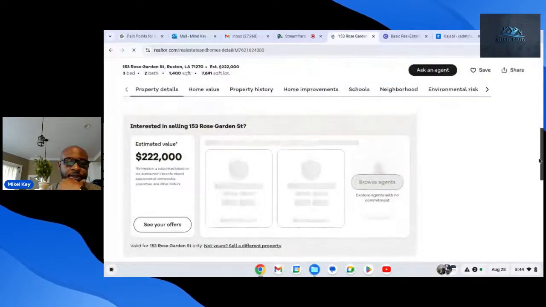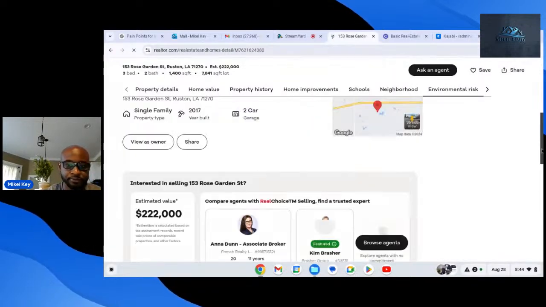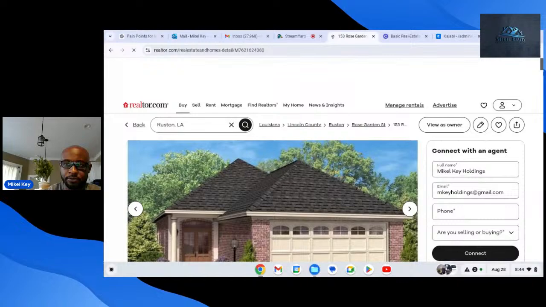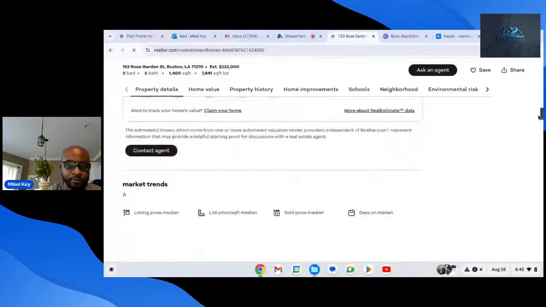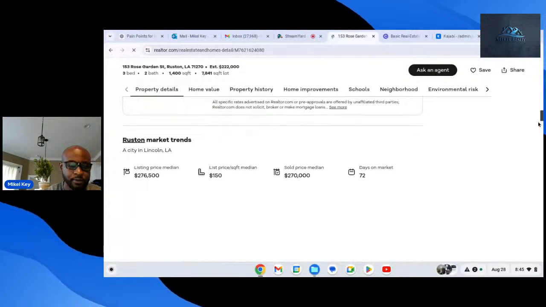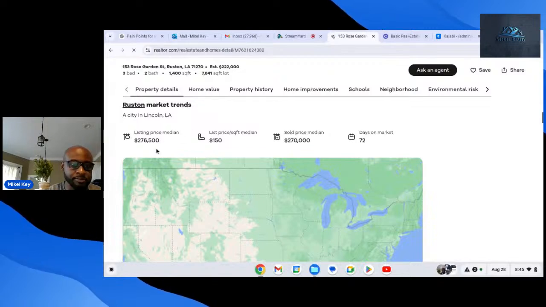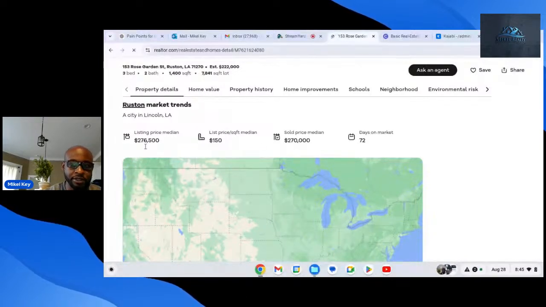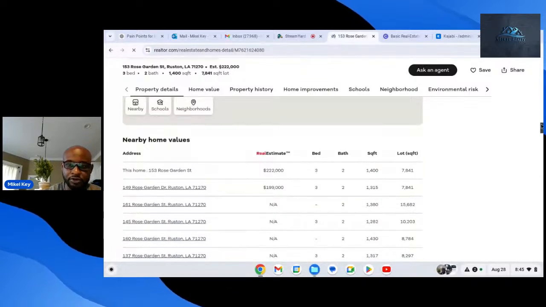The estimated value is $222,000. Now, if you go all the way down in Ruston, it gives you the median listing price, 276,000, and the median list price per square foot, which is the price per square foot that I was talking about: $150 a foot. If you play around with the data, it gives you all kinds of data.